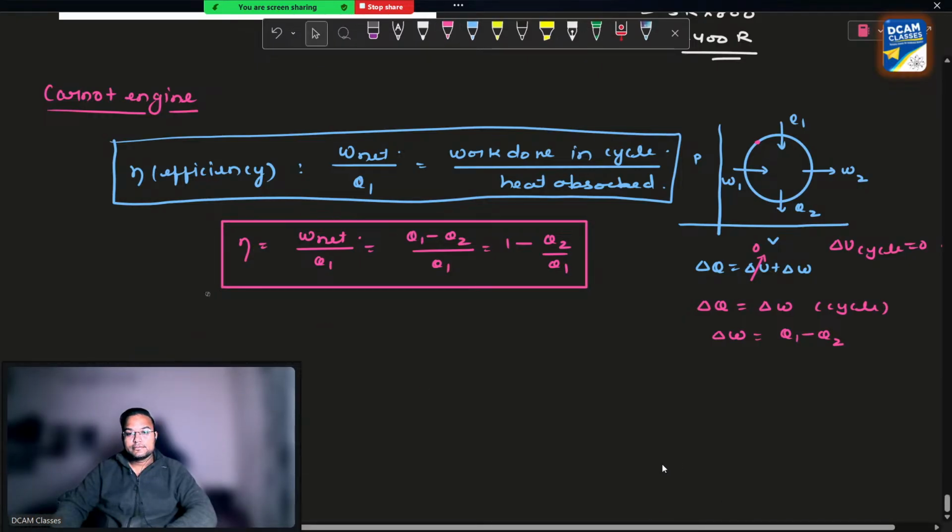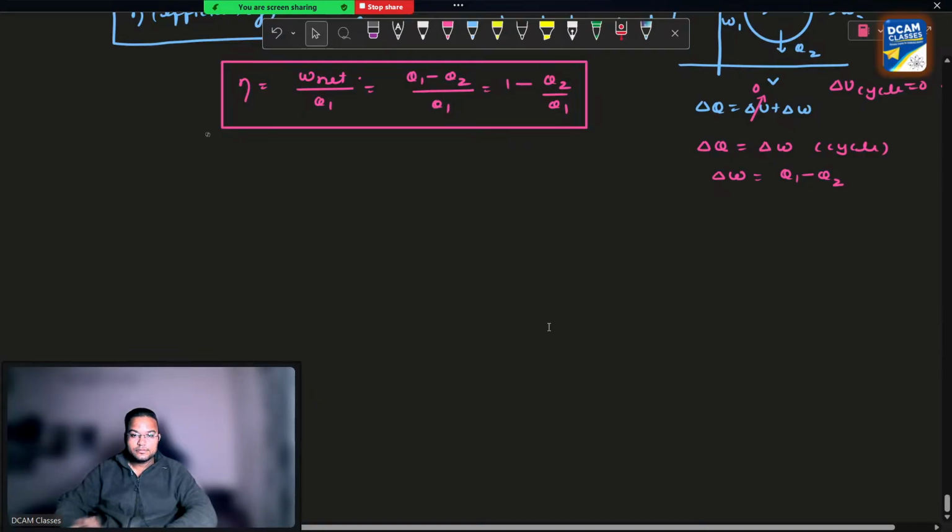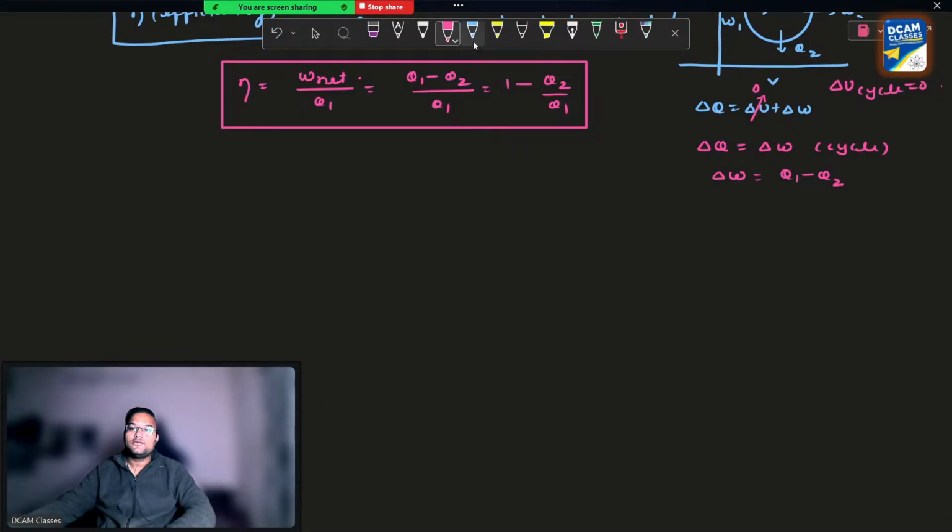Correct? Now comes your Carnot cycle. What are the four processes involved in a Carnot cycle? Once we know, we will be able to find out its efficiency.